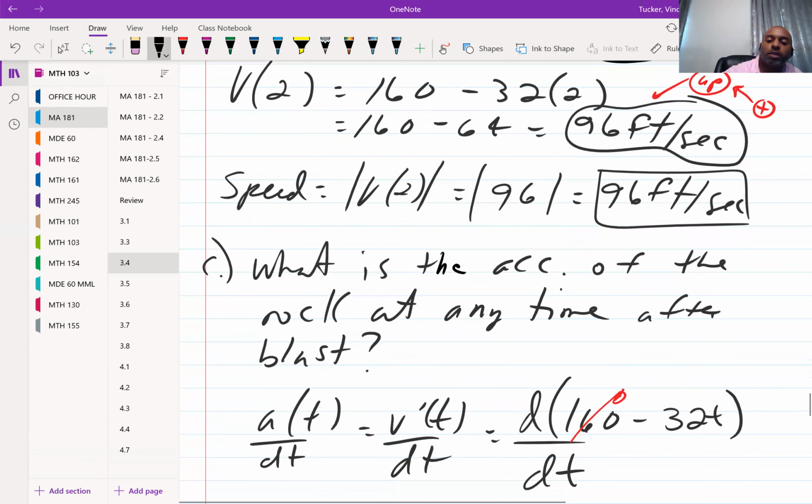As we discussed before, acceleration is the derivative of your velocity. So we have the derivative of 160 minus 32t. The derivative of a constant is 0, so the derivative of 160 is 0.